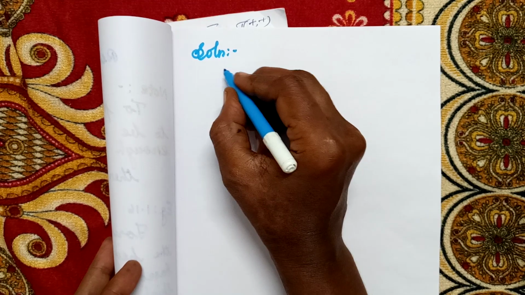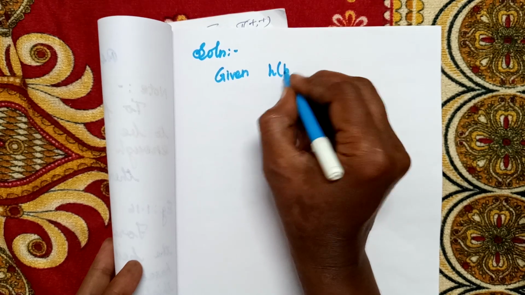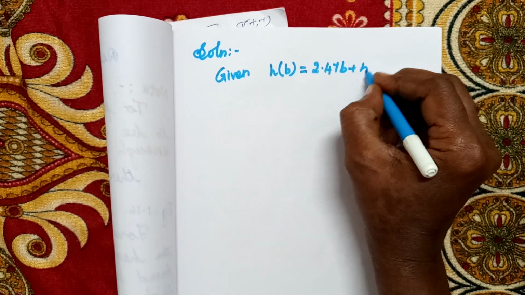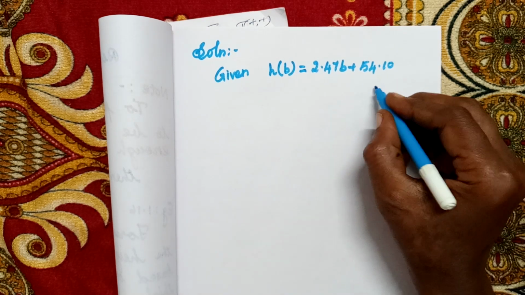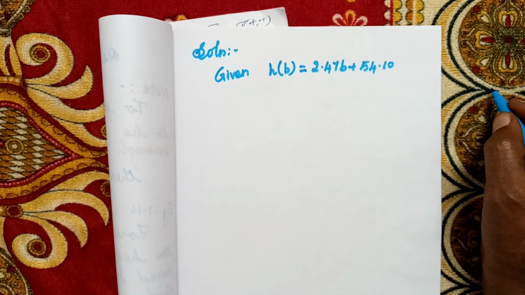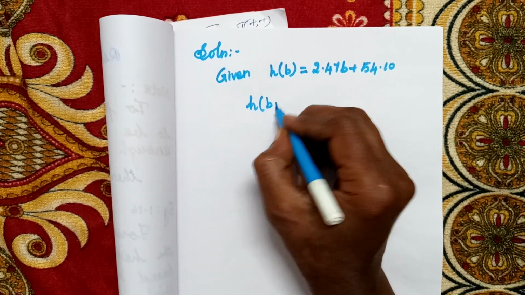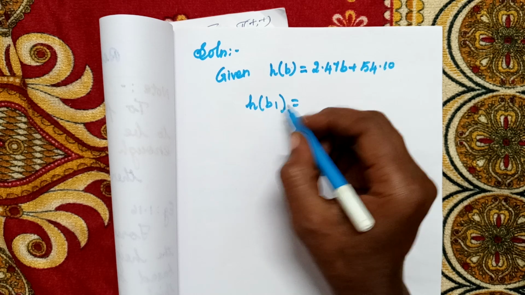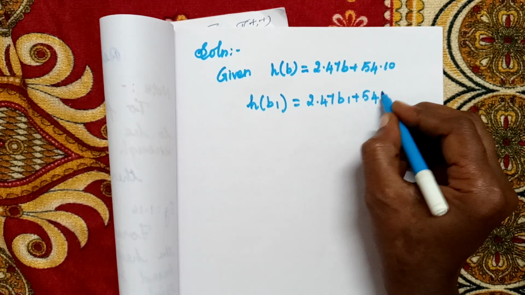Given h of b is equal to 2.47b plus 54.10. Already I told you that f of x is equal to f of y implies x is equal to y means that it is one-one. Here I am taking h of b1 is equal to 2.47b1 plus 54.10.